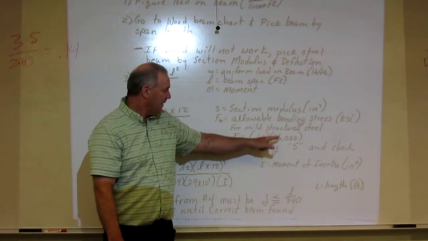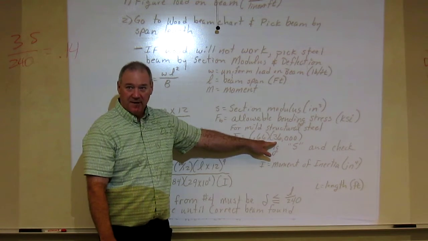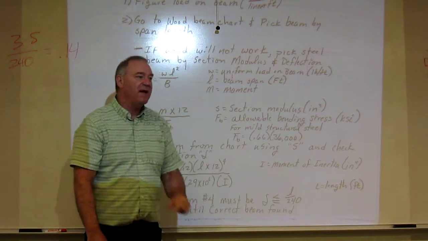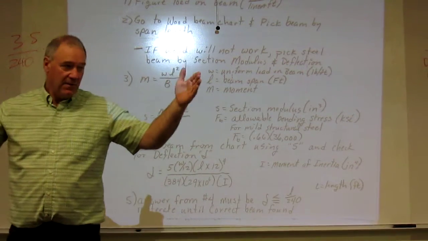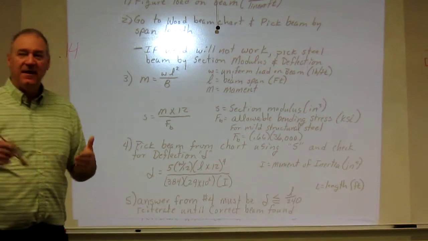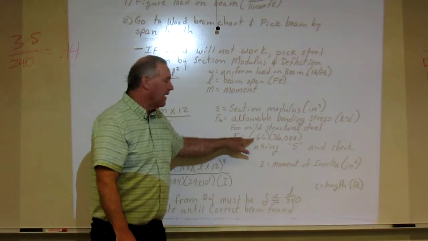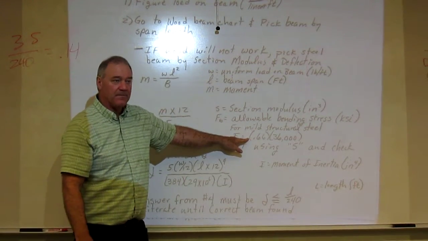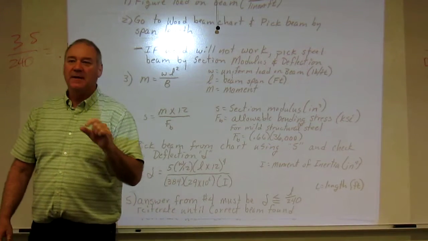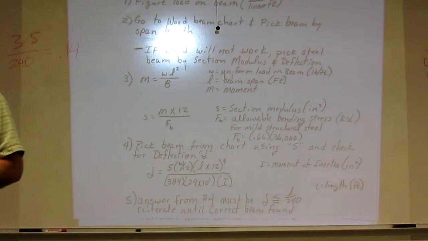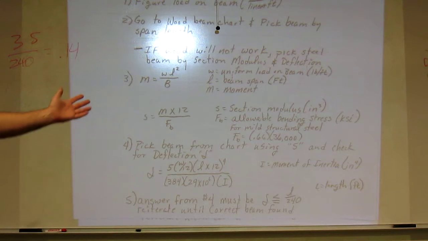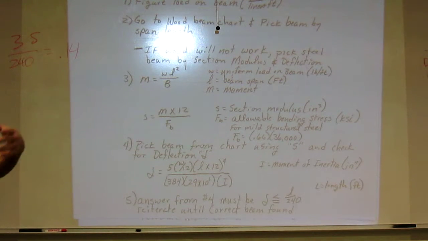Okay, in this case, for mild structural steel, we're going to use 36,000. Now, as part of code, you have to take your bending fiber stress and multiply it by 0.67. Or you're only going to be allowed to use 2/3 of the strength of that beam. It's a fudge factor. We're taking 1/3 of the strength of the beam and throwing it away and saying, we're going to design it that's extra.